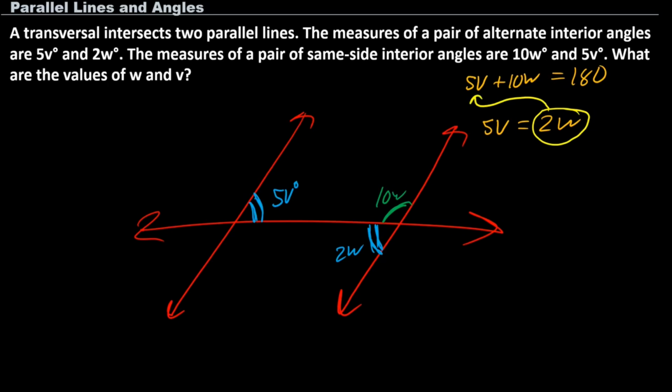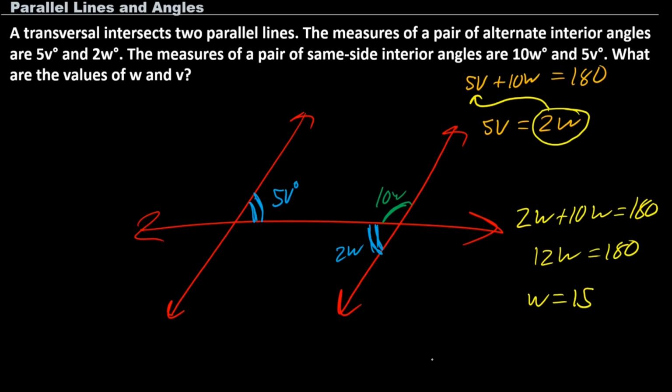And the reason why we do this is because 5V plus 10W, that means nothing to me. But 2W plus 10W, well, that can be combined. You get 12W is equal to 180. And then you would divide by 12, and you would get W is equal to 15.